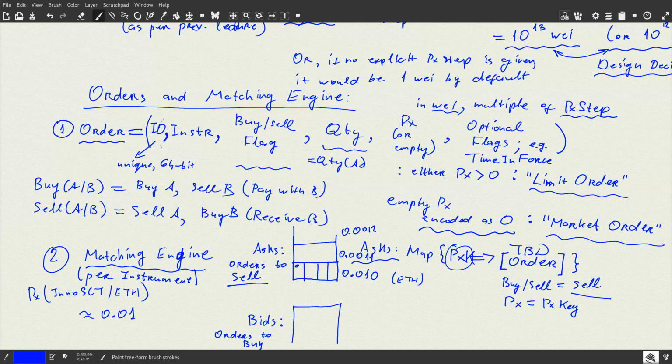And here there is an order with a given ID, sell direction, some quantity, for example 5, and this price. Then there would be another order with another ID for quantity 6, then another order for quantity 1, and so on. This list for a given price and a given side, this is called side by itself. For a given price and a given side, the orders are in the order of arrival.